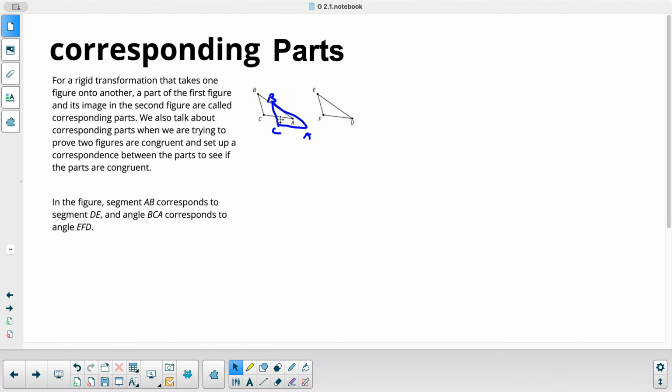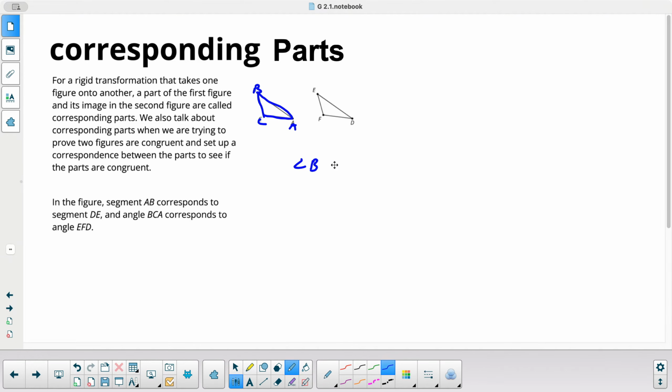Okay, so with triangles, you're going to have three pairs of corresponding angles and three pairs of corresponding sides. So when I look here, I can just name the angles with one letter. I don't need to use three letters because there's no other angles there at those points. But you can see here, angle B corresponds, and it's actually congruent because it's a rigid motion.